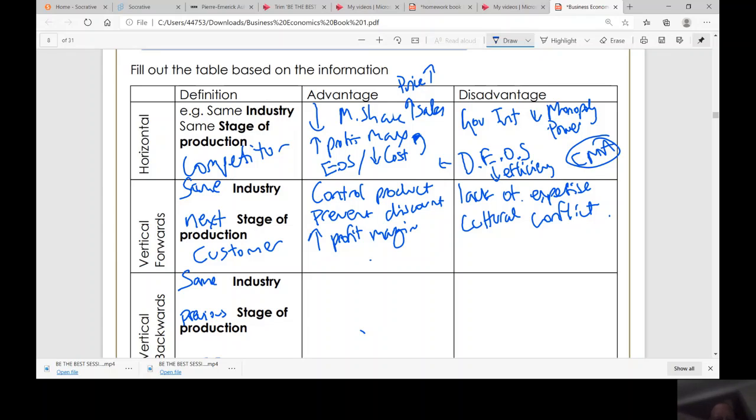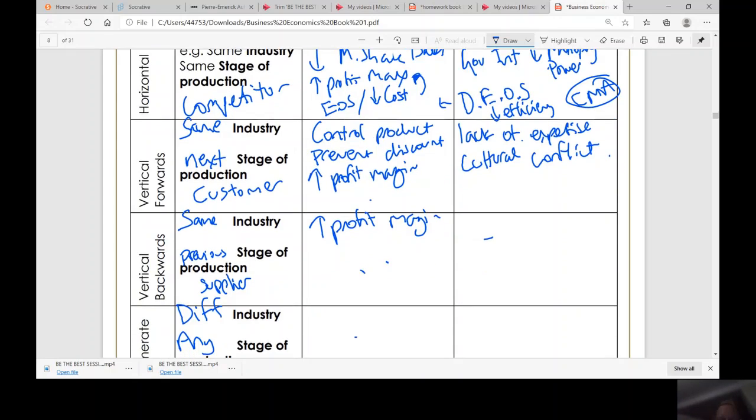In terms of buying an earlier stage of production, so again, you are buying your supplier, and by buying out your supplier, again, you are increasing your own profit margin. Because of their profit margin, it does guarantee you supply.